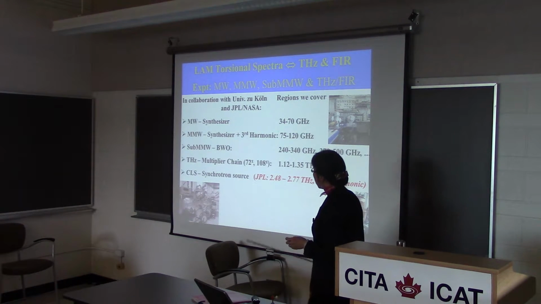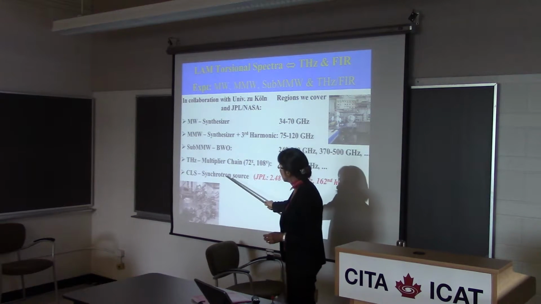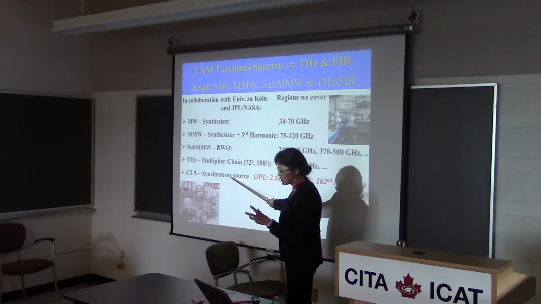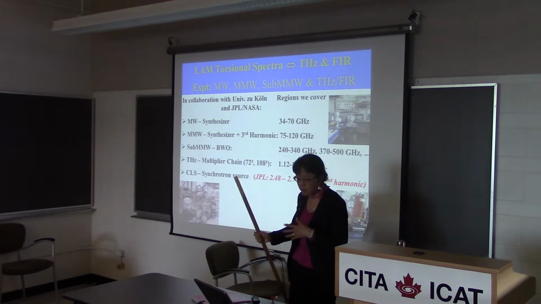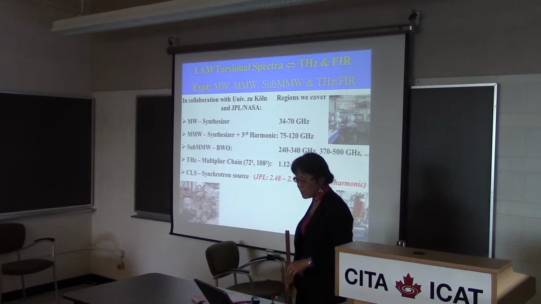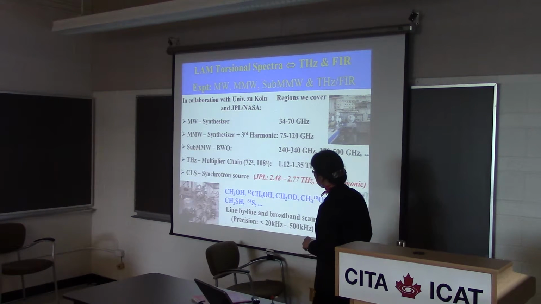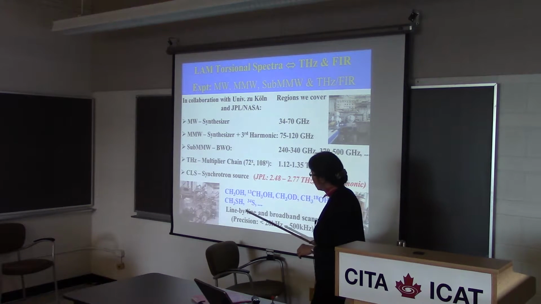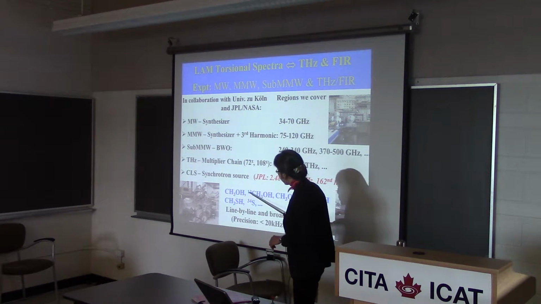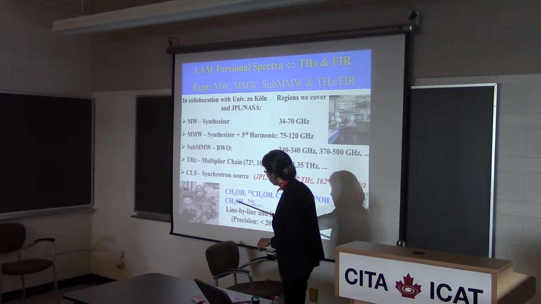We are also constant users of synchrotron radiation. In terms of precision it is not as good as those guys, but it gets really easy coverage. We study not only the main species, but also other species, where we replace the carbon with carbon-13, and we also replace the oxygen with sulfur.